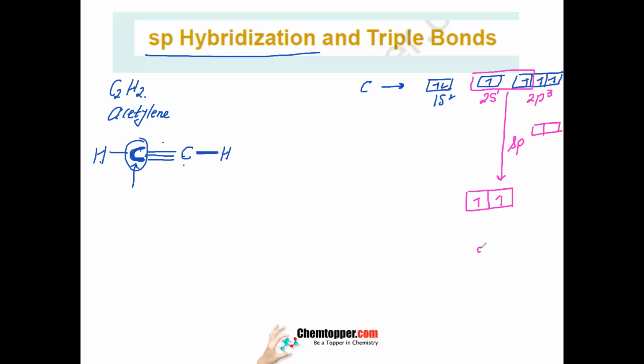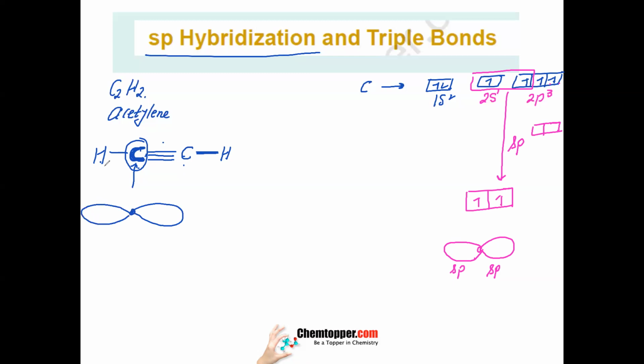The sp orbital is also like this. This is one of the sp orbitals. These are two, so it should be linear, 180 degrees apart from each other. This is another sp. I'm making the blue carbon's orbitals here. One sp orbital, another sp orbital.